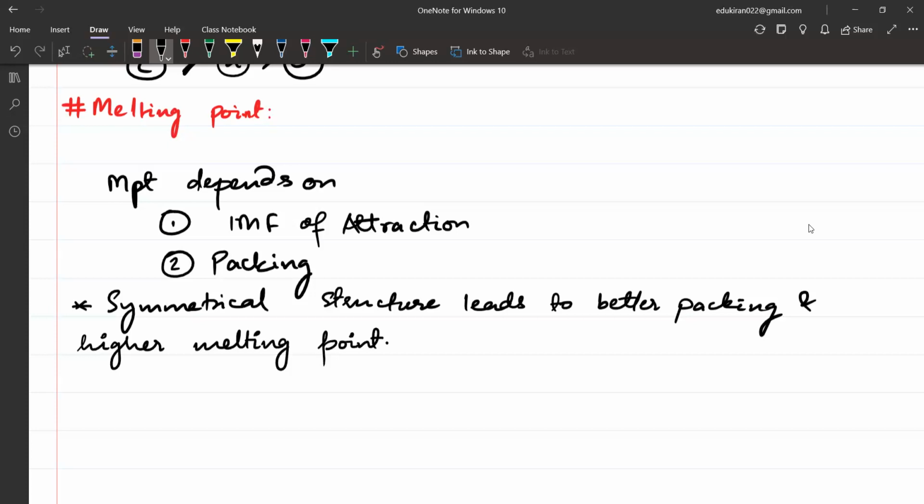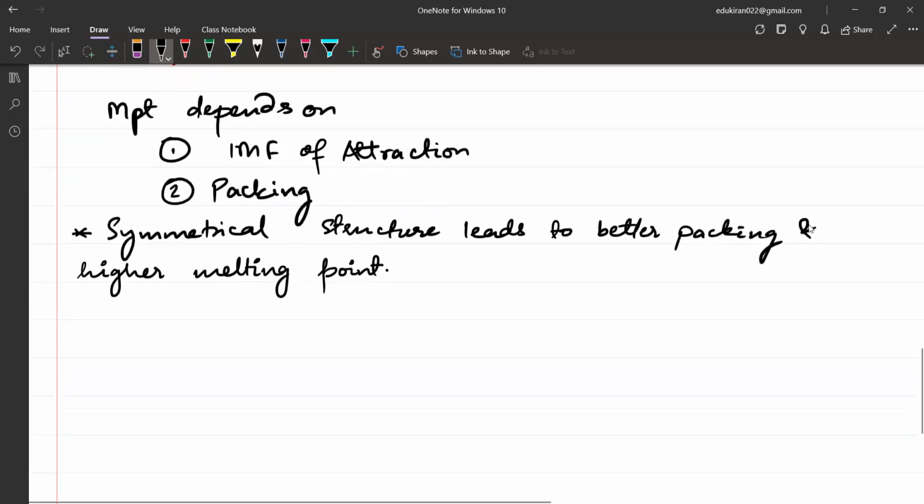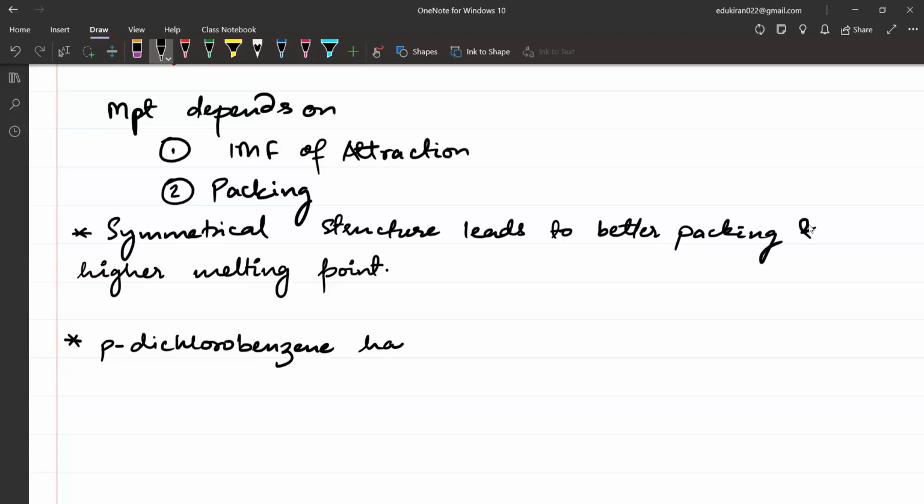That is the reason p-dichlorobenzene has a higher melting point than its o and m isomers.